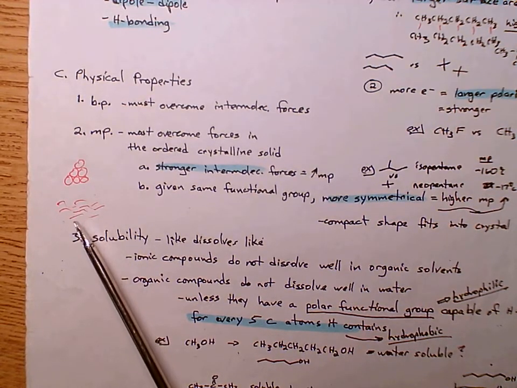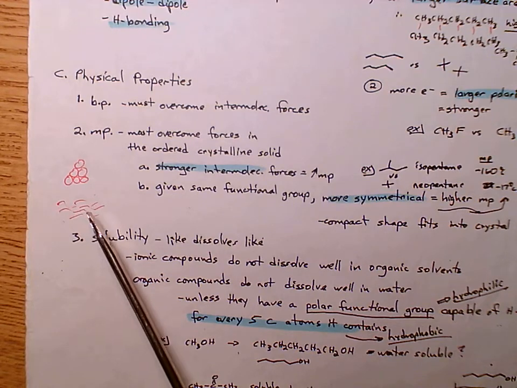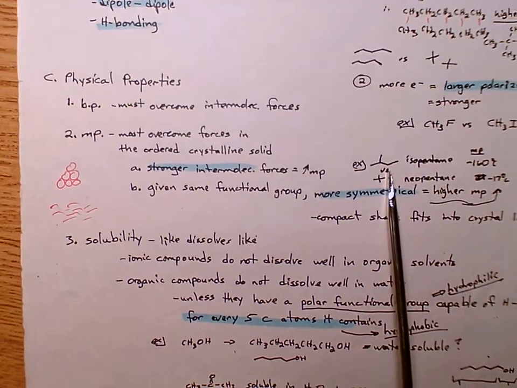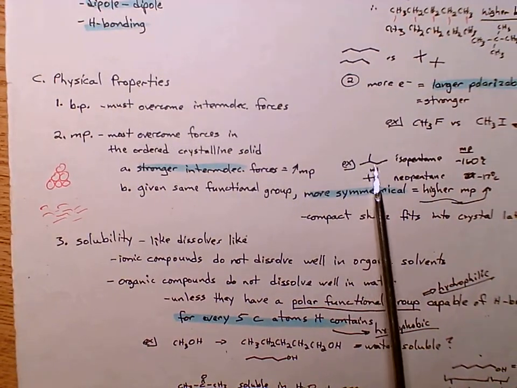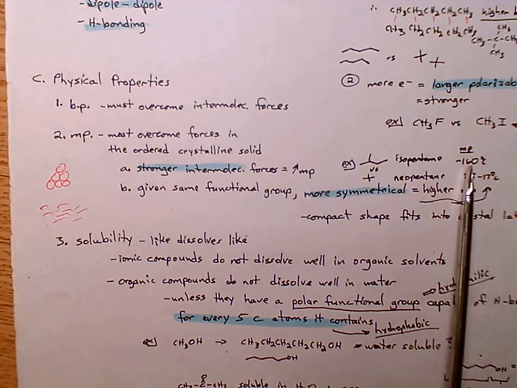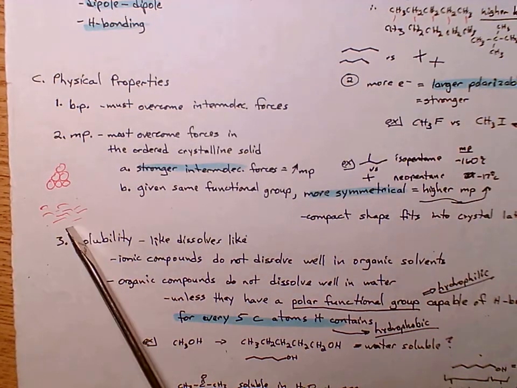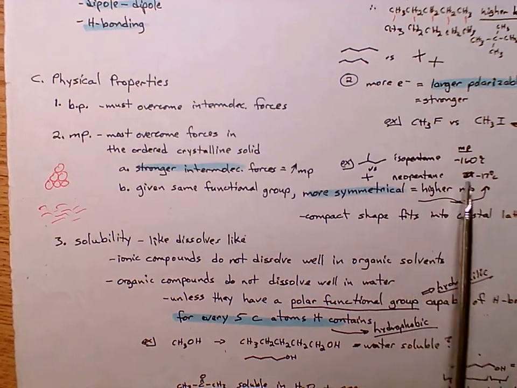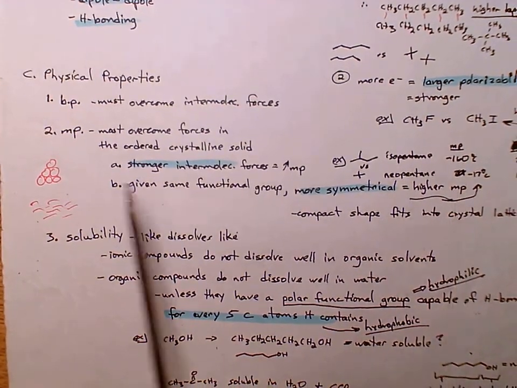It doesn't take as much energy to get the pile of rubber snakes, or molecules like this, moving around each other. So the more snake-like, the less symmetrical, the more linear the molecule, the lower the melting point, because it's tough to stack snakes. The more symmetrical, the more ball-like, the higher the melting point, because it's easy to stack them.